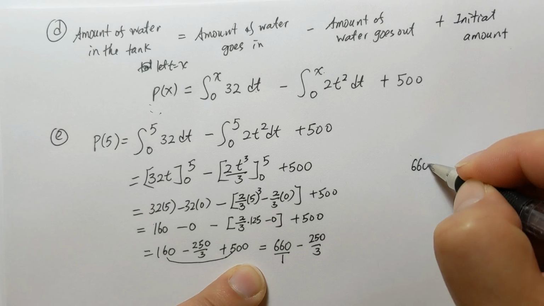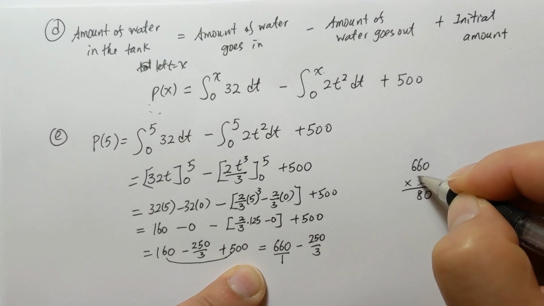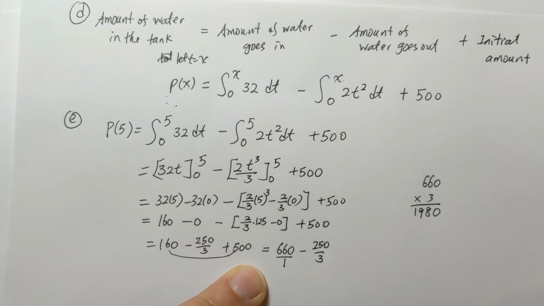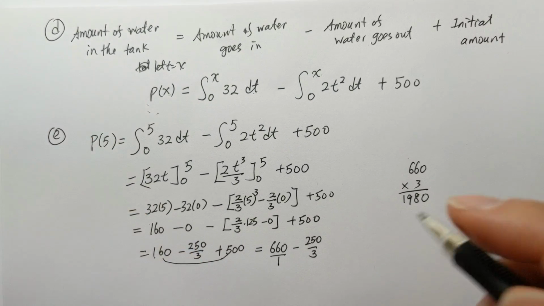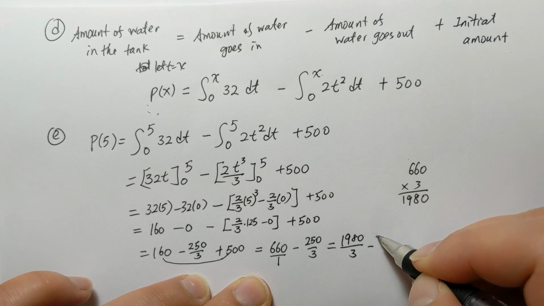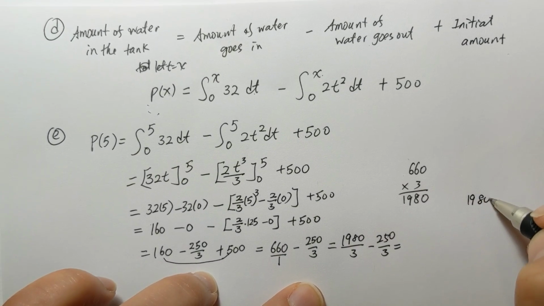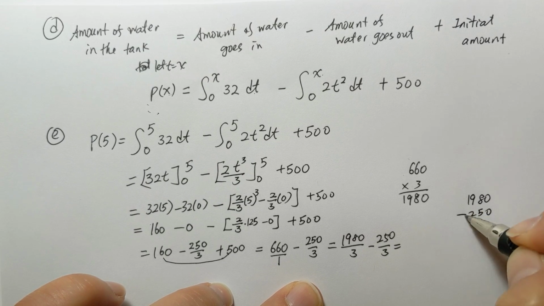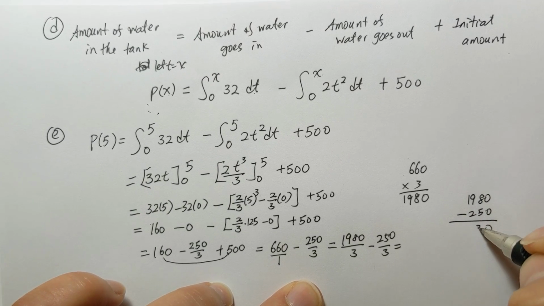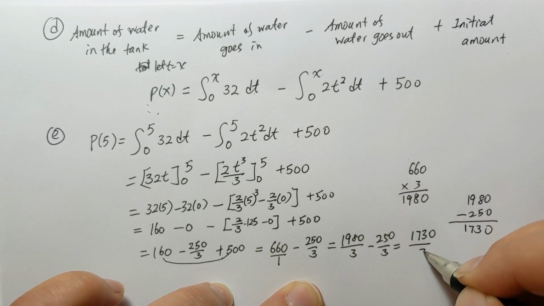So 660 times 3 is 1980 over 3, minus 250 over 3. So 1980 minus 250, we subtract, and we get 1730 over 3.